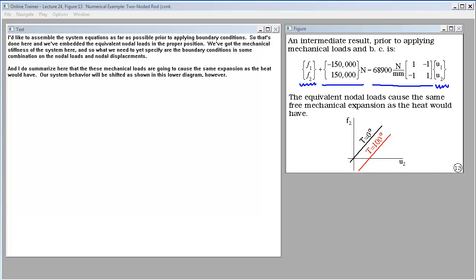And I do summarize here that these mechanical loads are going to cause the same expansion as the heat would have. Our system behavior will be shifted as shown in this lower diagram, however.